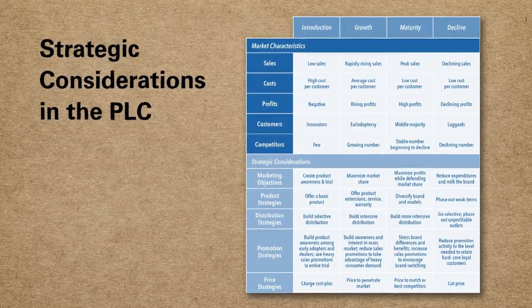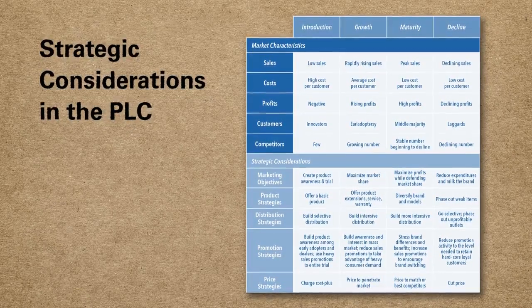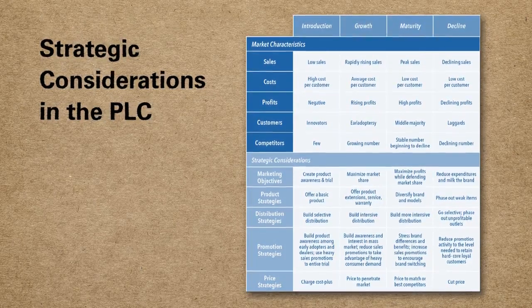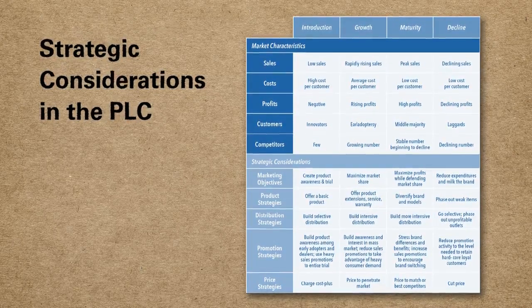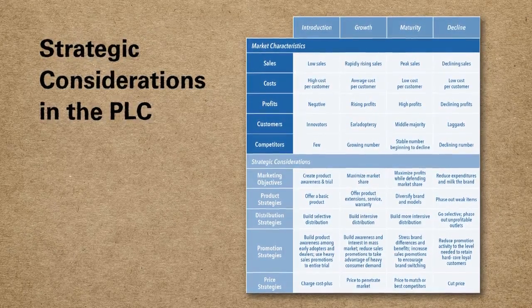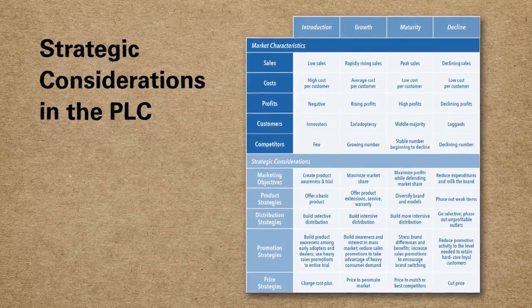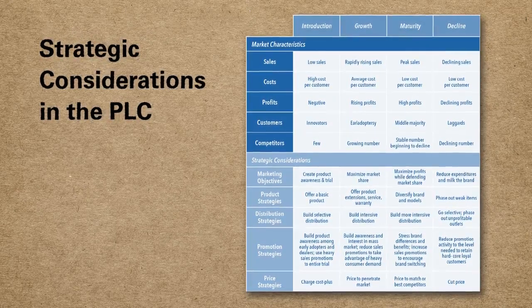In the growth stage, it becomes all about market share. So marketing managers will tend to shift their focus, trying to capture as much share as possible. And that's what's going to set them up for success in subsequent stages of the product's life cycle. In the maturity stage, oftentimes it's about maintaining profit. And if you think about it, what makes up profit? One piece that makes up profit is cost, and revenues minus costs equals profits, right?